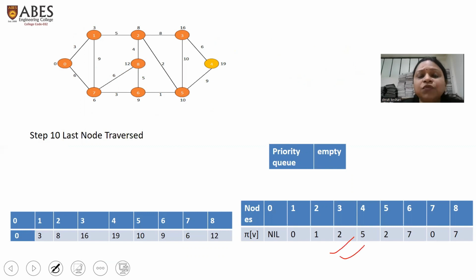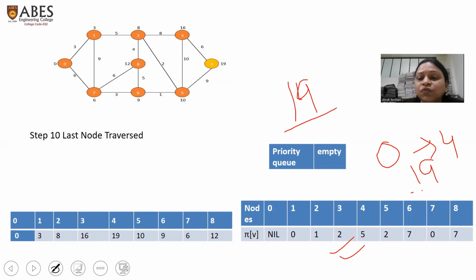Just suppose you want to check how to reach from 0 to node 4 with weight 19. It says the shortest path from 0 to 4 has a cost of 19. How to reach there? Just go for the pi value.